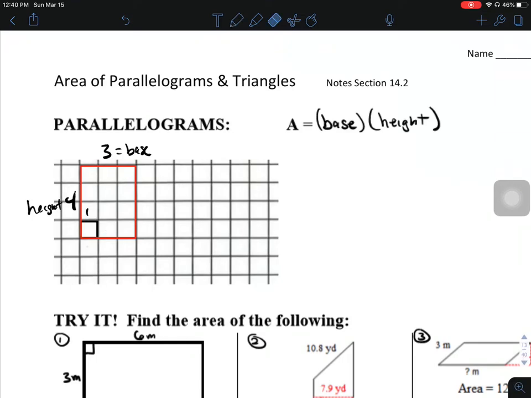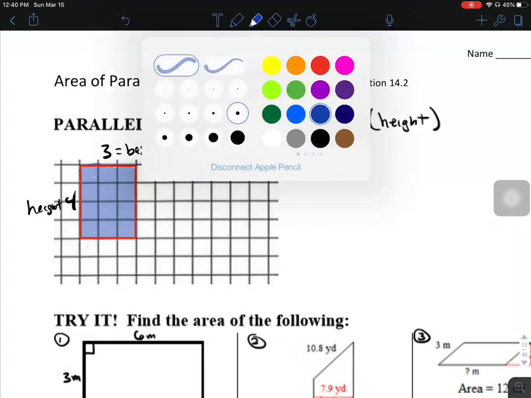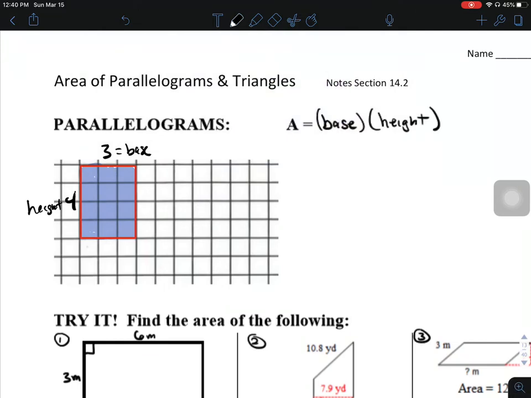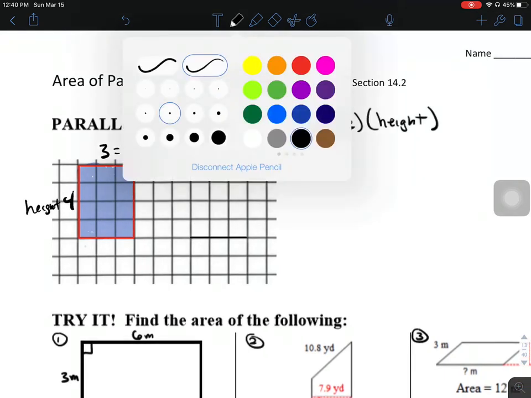Now that's how you find the area of a rectangle, but that's also how you find the area of every parallelogram. Let me try to illustrate with a drawing. Let's say that I take a parallelogram that has the same base of 3. Let me make this a little bigger so we can see it better.